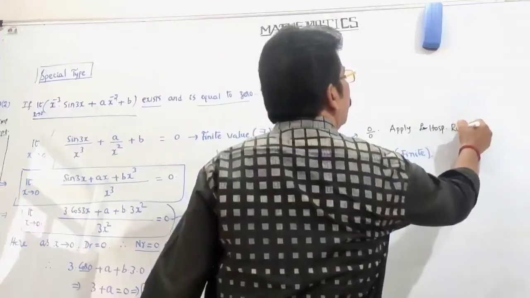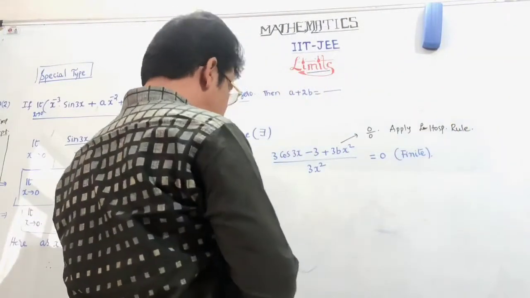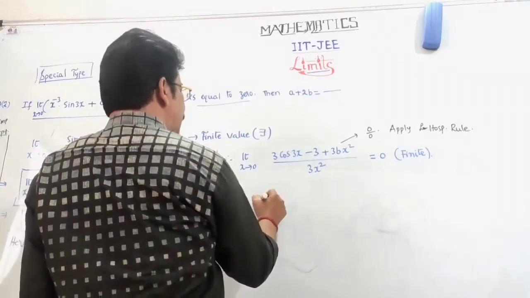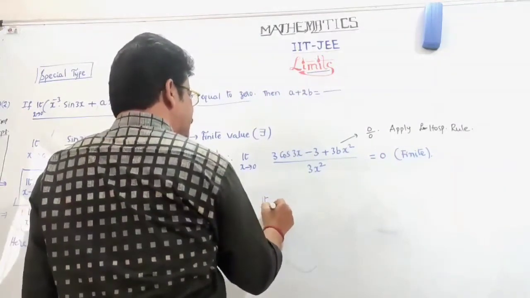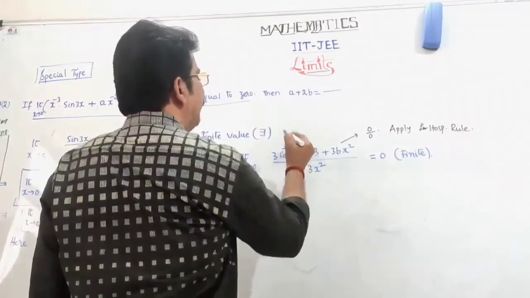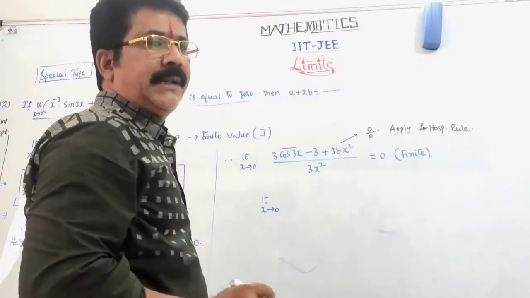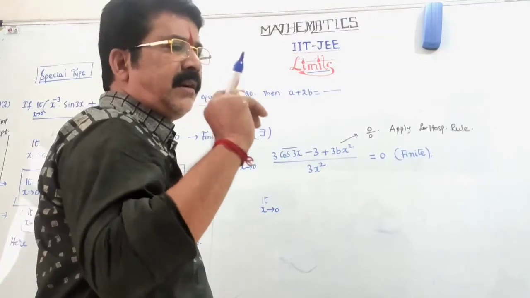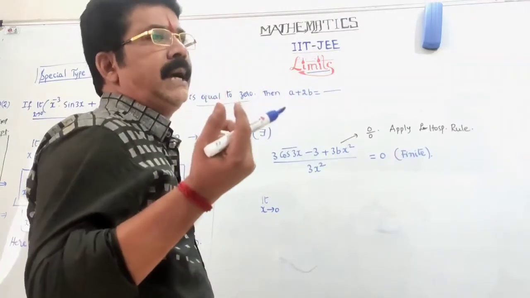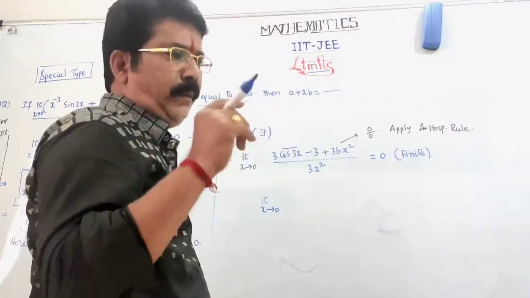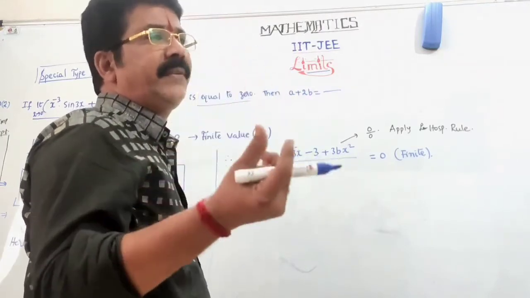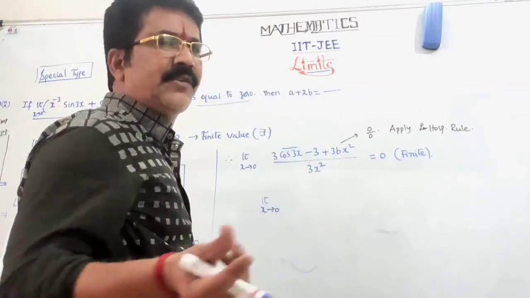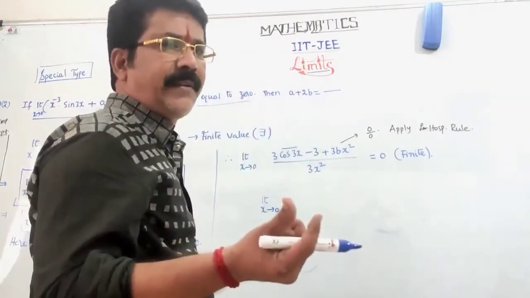L'Hospital rule. Okay. Now, differentiation. Limit x tends to 0. Cos of f of x. Already I said differentiation of standard functions, sine, cos, tan and so on cosecant, and composite functions means d by dx of sine of f of x, d by dx of cos of f of x, d by dx of tan of f of x and so on, d by dx of cosecant f of x.